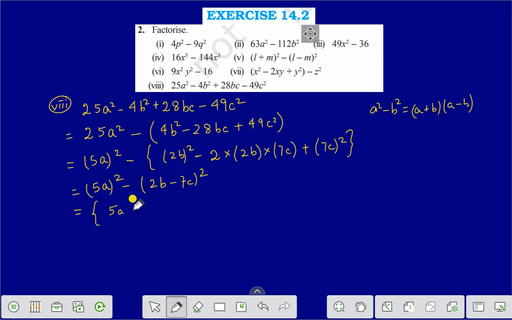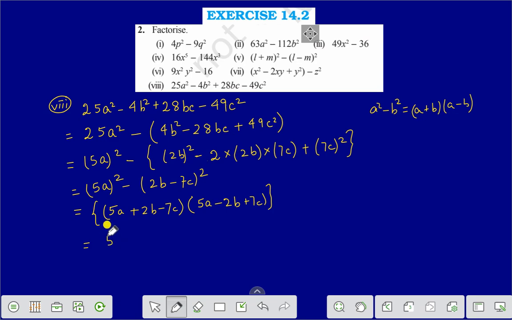This is (5a plus 2b minus 7c) into (5a minus 2b plus 7c), and that is the answer.